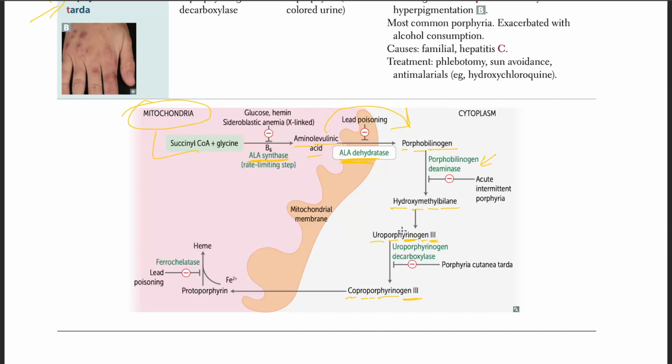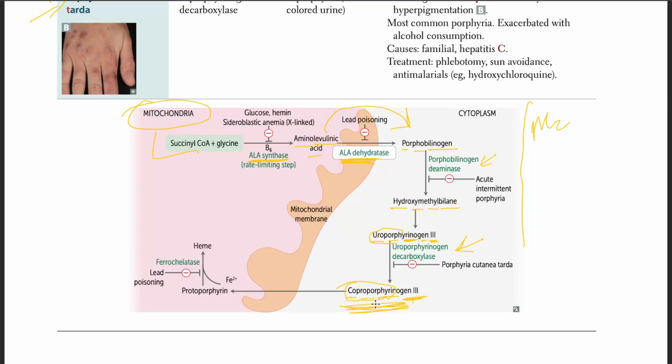From uroporphyrinogen to coproporphyrinogen 3 is by the help of the enzyme called uroporphyrinogen decarboxylase. So this is sort of a memorizing thing. We've got to memorize this, and then the diseases are going to be easy and simple to understand.